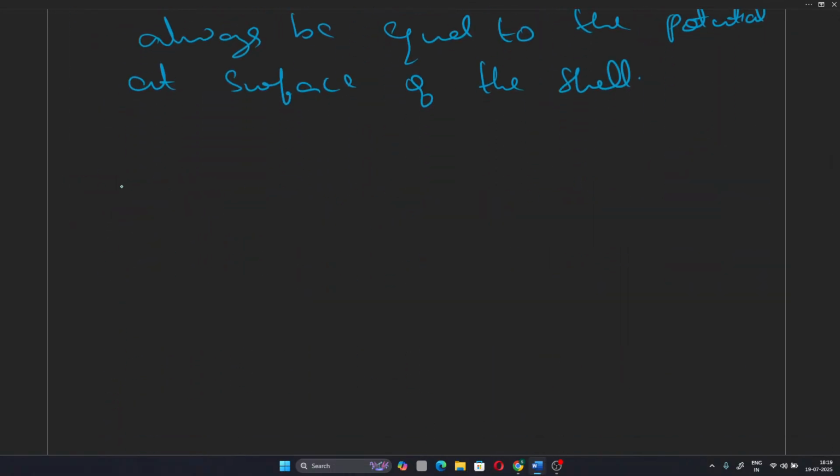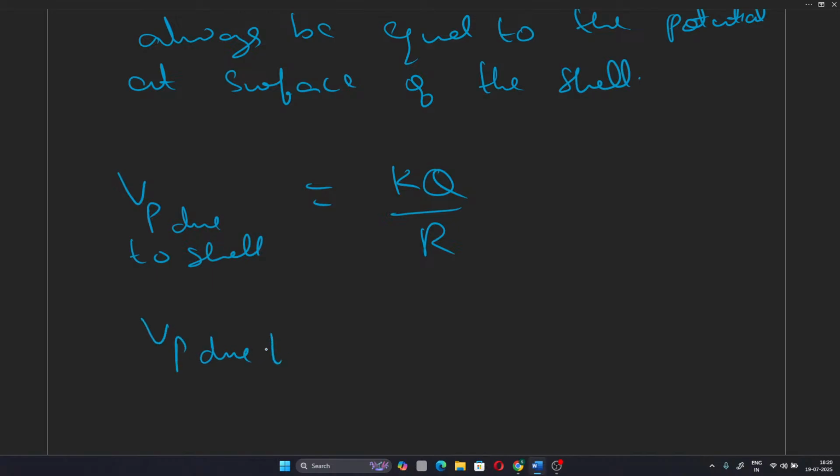Now first, potential at point P due to shell will be equal to K Q by R, and due to charge q will be equal to K q.